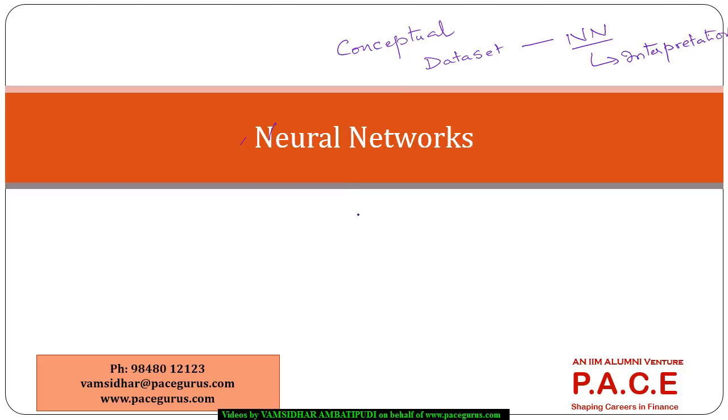But let me tell you, with a word of caution in the beginning itself, that neural networks is a very complicated, complex kind of topic, right? And it is based on various mathematical transformations. So the conceptual aspect of it in general is much heavier in case you don't have a proper background in mathematics.